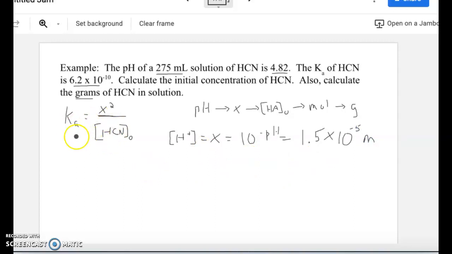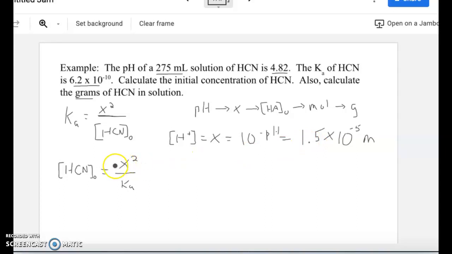All right, now we can rearrange this equation. We solve for HCN initial. That's going to be equal to X squared over our Ka value. So that's just taking this equation, rearranging it to solve for the initial concentration of this hydrocyanic acid.